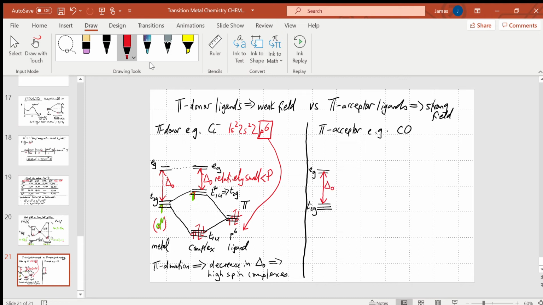Let's put our electron in, and now I've just forgotten to do it. Let's do it in green. So there's a D1 in green. So this is going to be our metal.